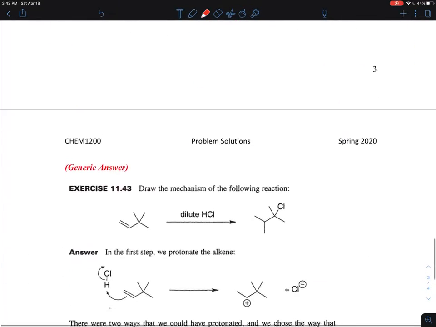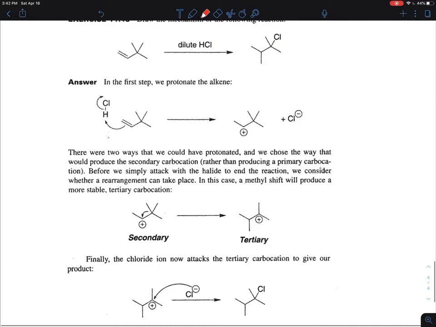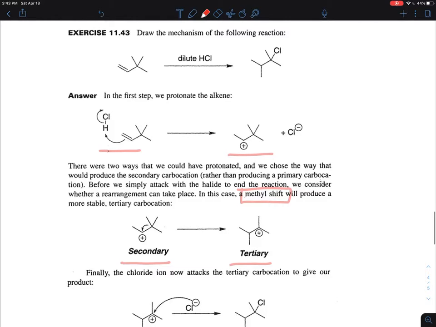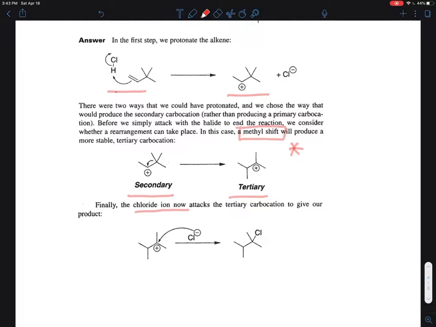The answer can be found in what is provided in the school text, and it is the same thing: they form the carbocation, the secondary carbocation goes to the tertiary carbocation, the methyl shift will happen, and then finally the chloride ion forms the bonding, so that you make the new carbon-chloride bonding. So the whole thing is highlighted by the methyl shift.